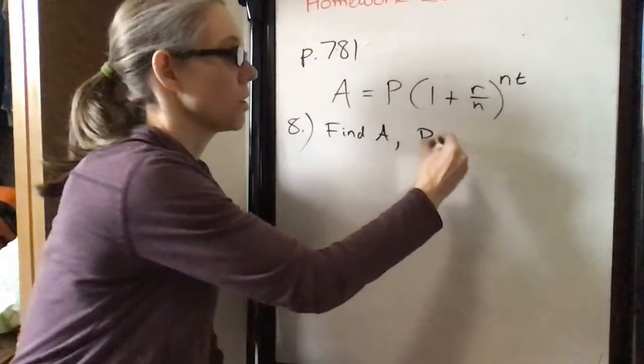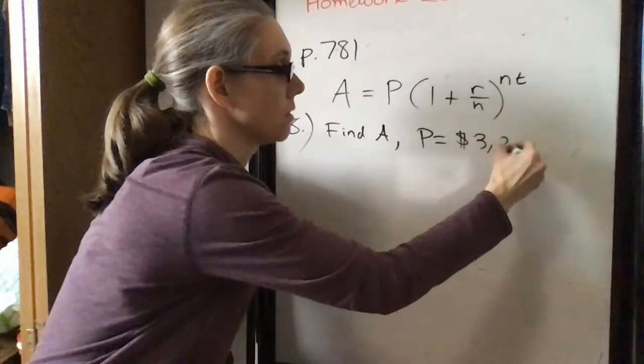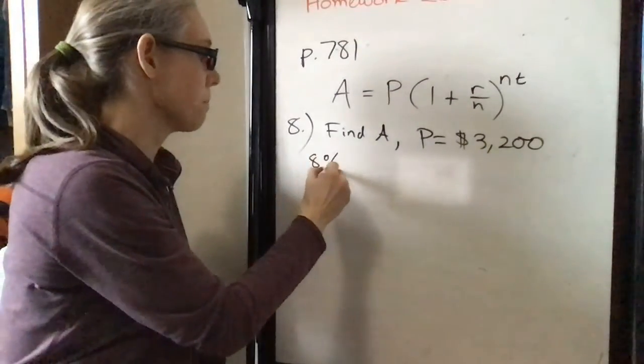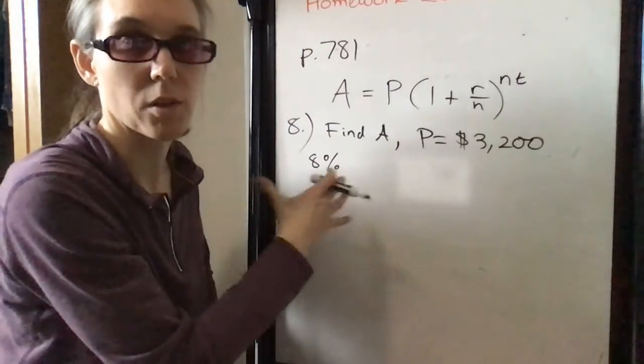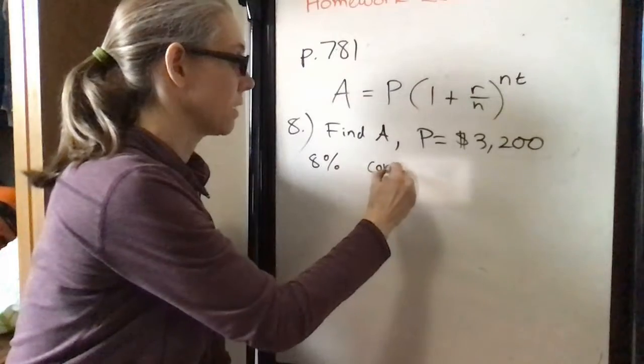We know that the original amount of money that's deposited is $3,200. It's deposited at 8%, so that's your R value. R is 0.08, because 8% as a decimal is 0.08. And then that is compounded weekly.